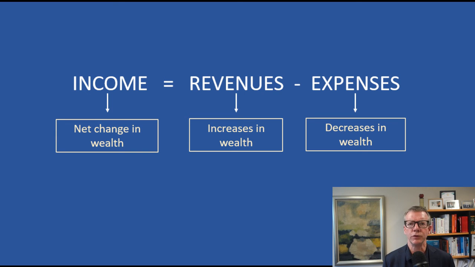You can think of revenues as increases in the organization's wealth arising from the provision of services or the sale of goods to customers. Wealth increases because customers pay cash for the services or goods, or promise to pay cash in the future, or pay with other forms of wealth such as assets. I guess Bitcoin is a current example.